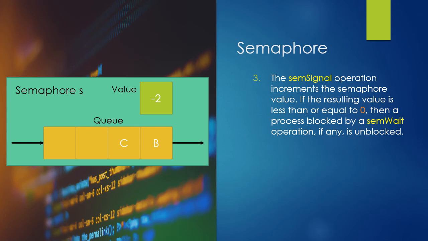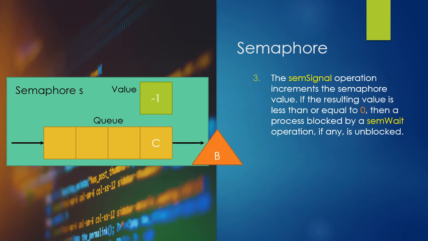The semSignal operation increments the semaphore value. If the resulting value is less than or equal to 0, then a process blocked by a semWait operation, if any, is unblocked. Suppose any process other than B and C does a semSignal. The value increments.